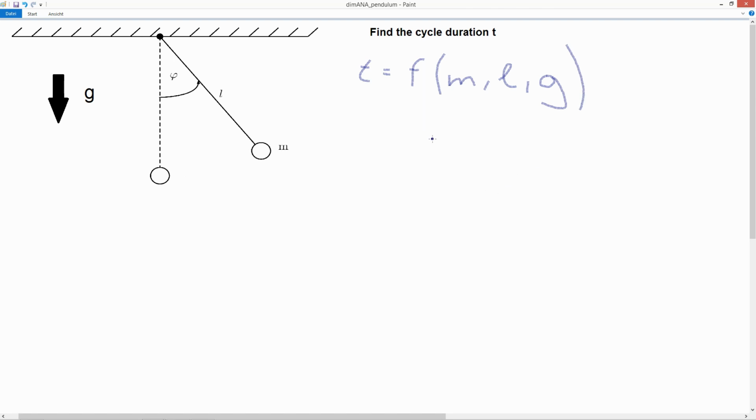Right now, this is just an assumption. We just assume the formula of t depends on m, L, and g.